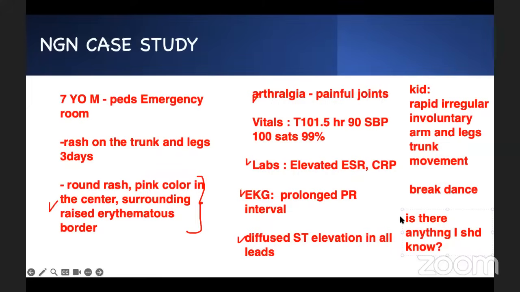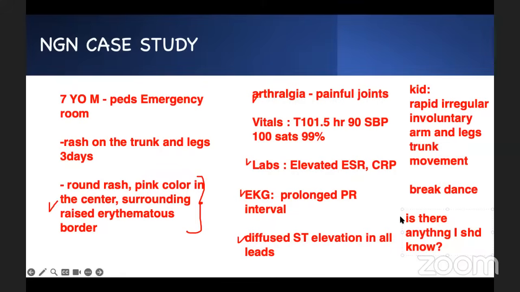They describe the rash, some joint pain, some fever, ESR and CRP elevated. Those are all inflammatory markers. EKG shows diffuse ST elevation in all leads, prolonged PR interval. And you have the kid moving like a snake, doing breakdance for you.